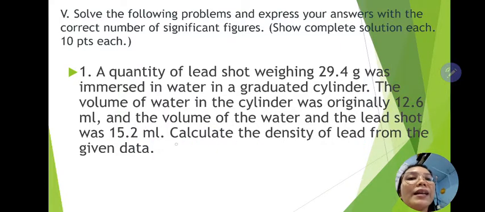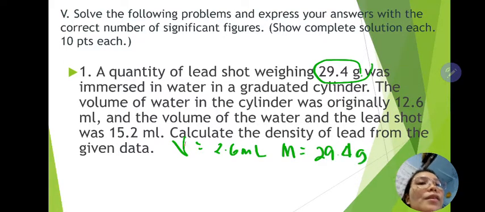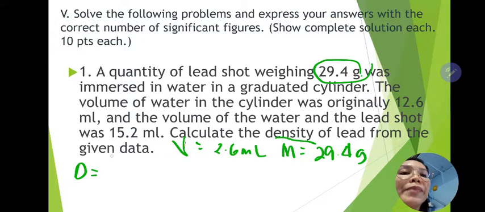So, yung volume natin for the lead shot will be 2.6 ml. Given na yung mass niya, 29.4 grams. So, ang hinahanap ay density. So, from our previous discussions, we know that density is equal to mass per unit volume.